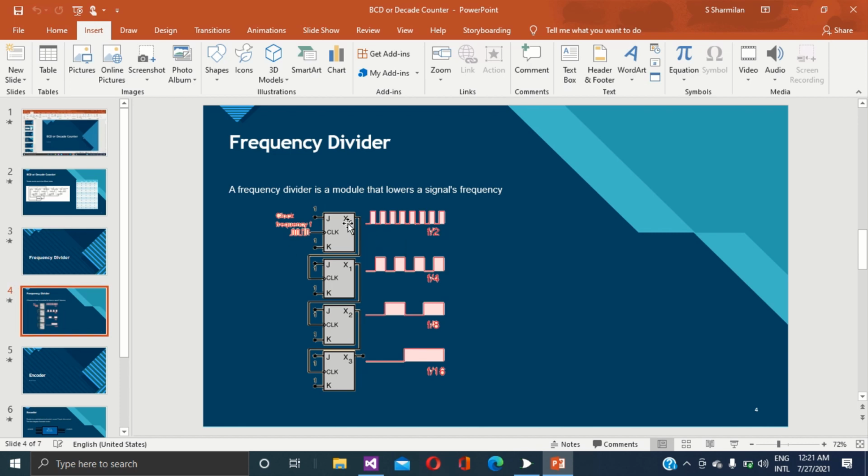Here our frequency f1 equals f by 2. Here I divide by another 2. My frequency f2 equals f by 4. Here f3 equals f by 8. Here f4 equals f by 16. This is the frequency divider.